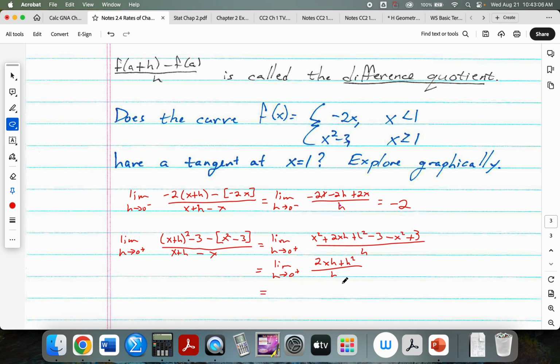Well, that's going to be equal to the limit as h goes to 0 from the right of 2x plus h when we divide. So that'll be the limit as h goes to 0 from the right of 2x. And my x value is 1, right? So at x equals 1, the slope is equal to 2.